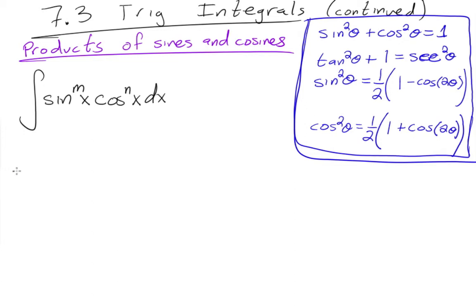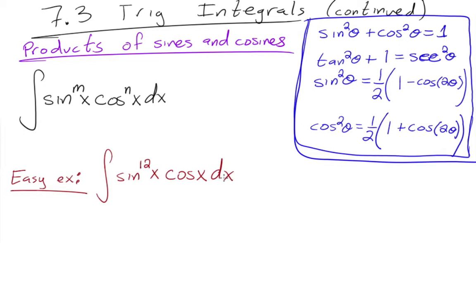For example, here's an easy example. If I have sine, let's say, to the 12th power, and then a single cosine. That's pretty easy, right? Because it doesn't really matter that sine has such a big power. What would you do to find that integral?